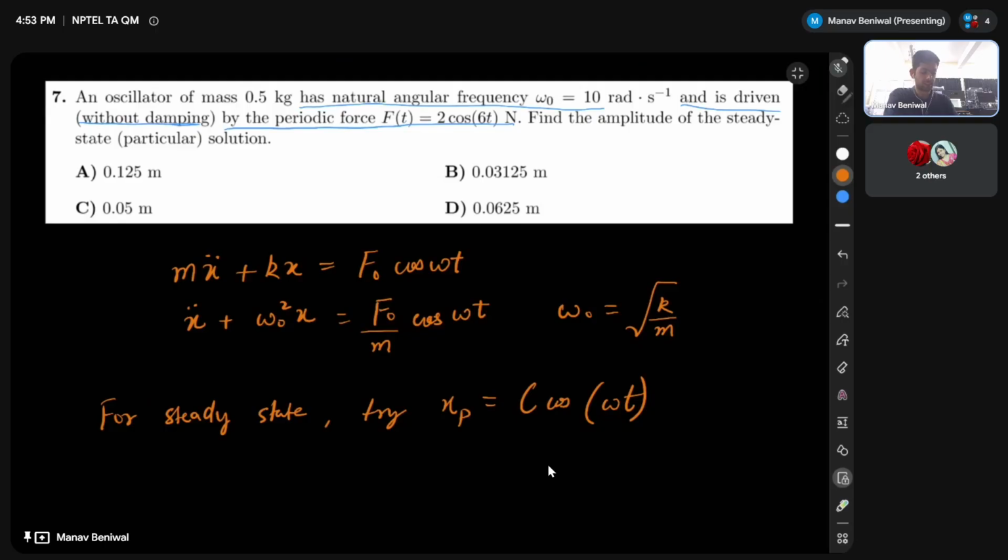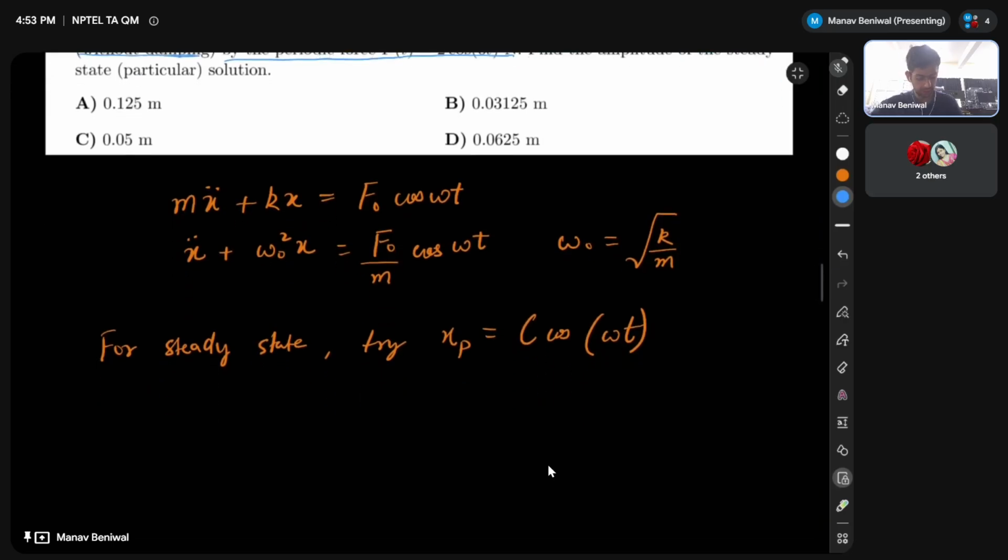Let's try this as the solution in the equation of motion. If we try this, taking its double derivative will just give us an omega squared factor outside. So we'll have minus omega squared C cos omega t. This is the first term.